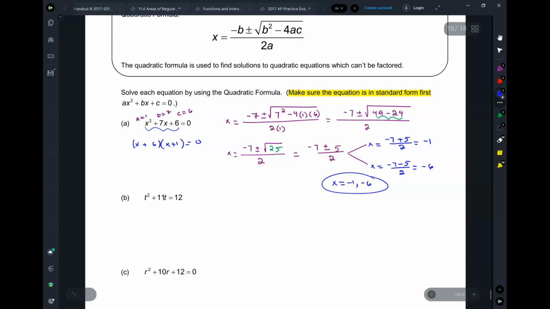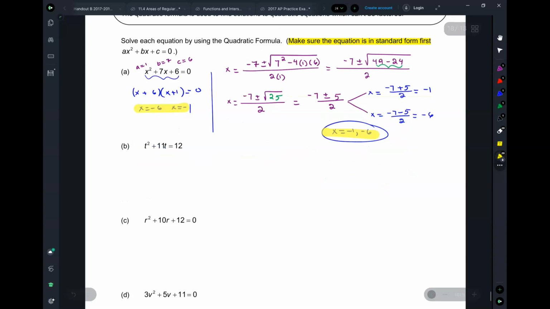So that does factor. And then x would equal negative 1 and negative 6. Right, which means when I solve it, x equals negative 6, x equals negative 1. You see how for ones that can factor, you can still use the quadratic formula, it comes out the same. Okay, now let's do the other one.